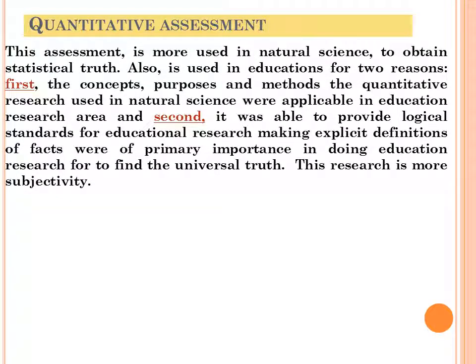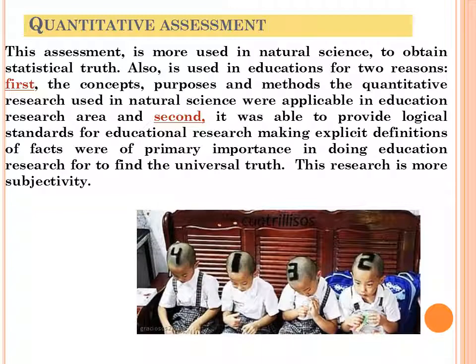Quantitative assessment is more used for natural science. Quantitative, 1, 2, 3, 4, is very difficult to understand in your brain. We understand how much knowledge there is in the brain of different children; it's a bit difficult. It is only for quantitative assessment.